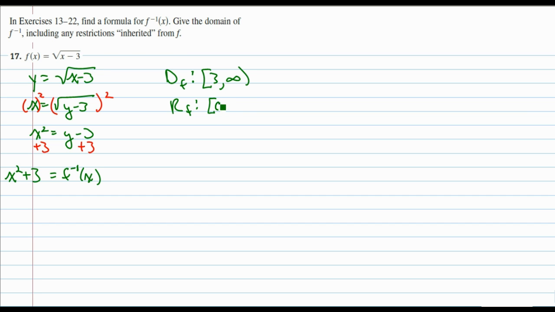So the range is going to be 0 and up, which means the domain of my inverse is going to be the range of the original function, 0 to infinity, which means then the range of my inverse is the domain of the original, 3 to infinity.